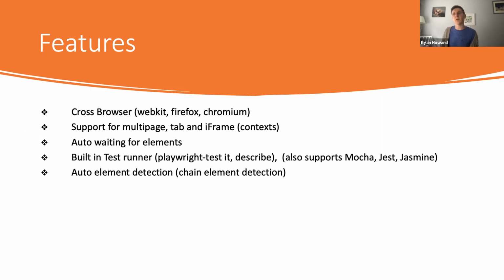Equally, if it starts with a hash, it might assume it's a CSS selector, that sort of thing. So you don't have to tell Playwright what type of selector you're using, although you can if you need to. So if you're using an ID, you can tell it you're using an ID. But for certain selector types, you don't have to. It's clever enough to understand what you're trying to do.